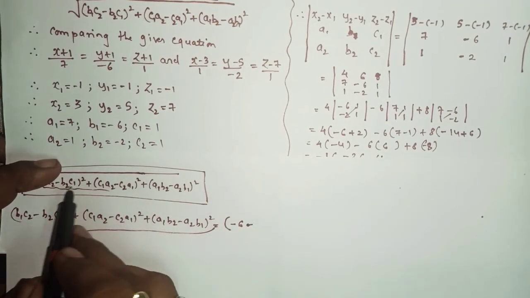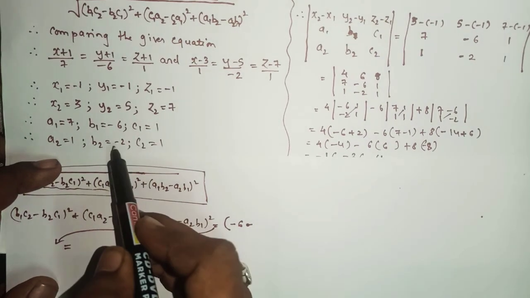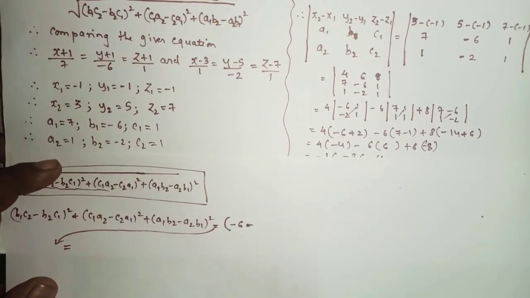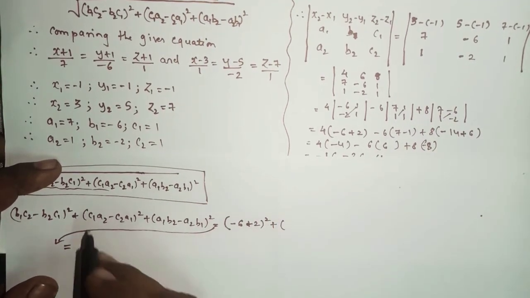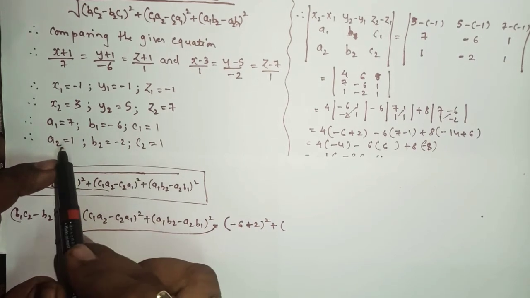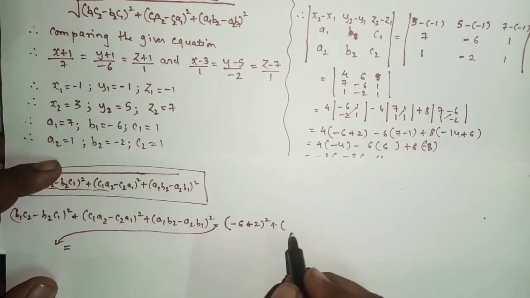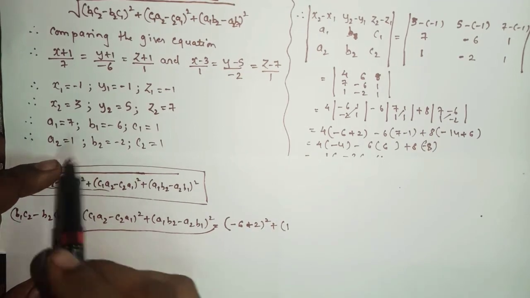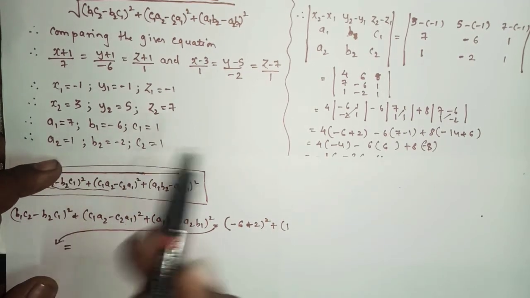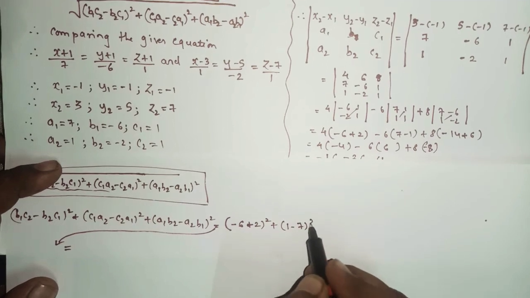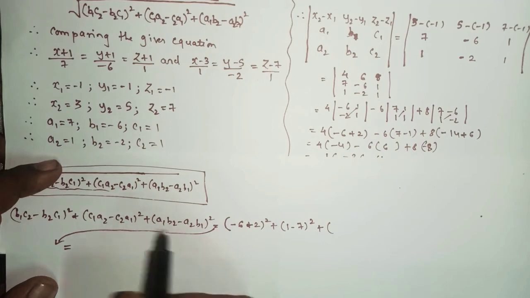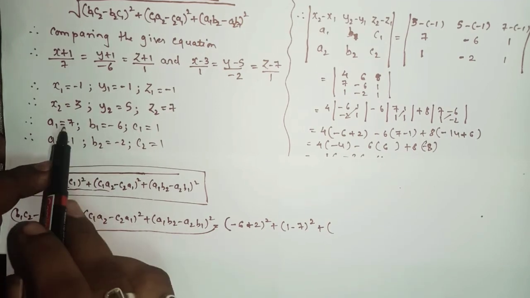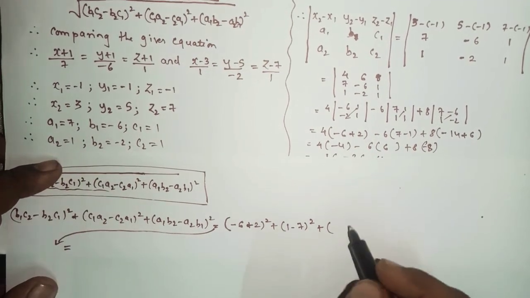So minus b2 c1, b2 c1, so minus 2 into 1 is minus 2. Already here it is minus, so here I will write plus. So plus 2 the whole square, plus c1 a2, so 1 1 is 1, c2 a1, so minus 7 the whole square, yes or no, plus a1 b2, 7 into minus 2, it will be minus 14.